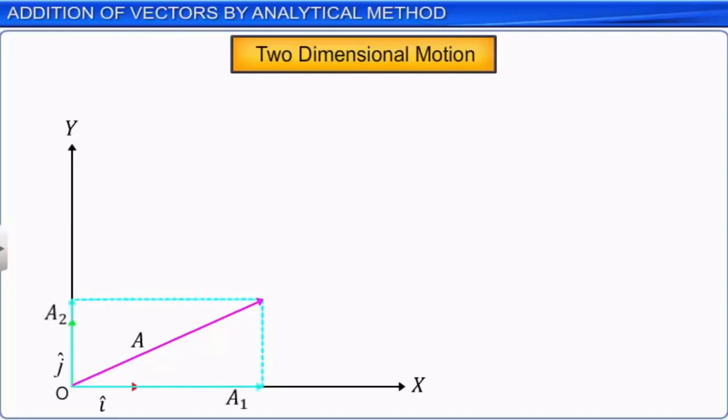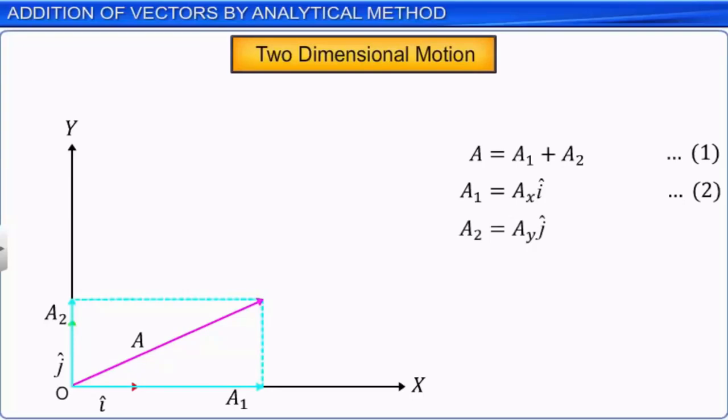Hence, we can write A is equal to A1 plus A2. Let this be equation 1. As A1 is parallel to i, you can write A1 is equal to Ax i. Let this be equation 2. Similarly, A2 is equal to Ay j. Let this be equation 3. Substituting 2 and 3 in 1, you get A is equal to Ax i plus Ay j.